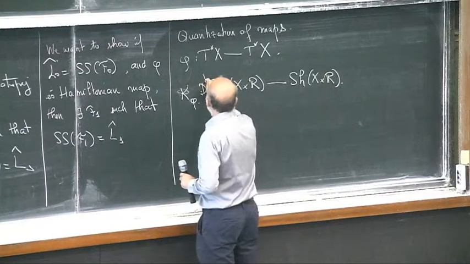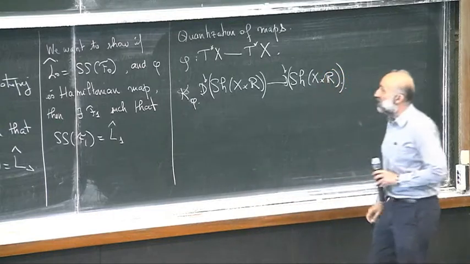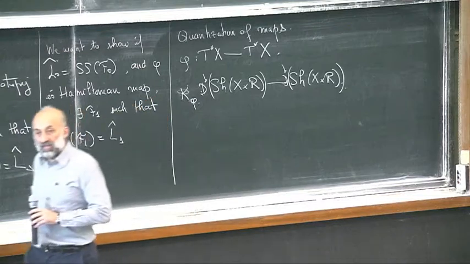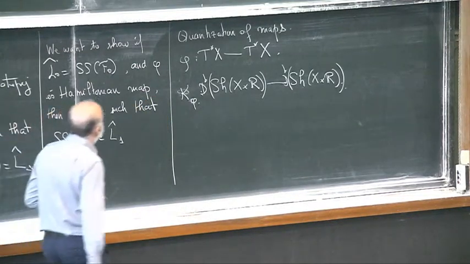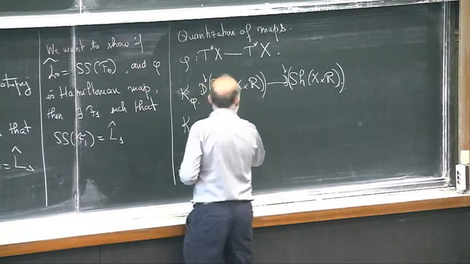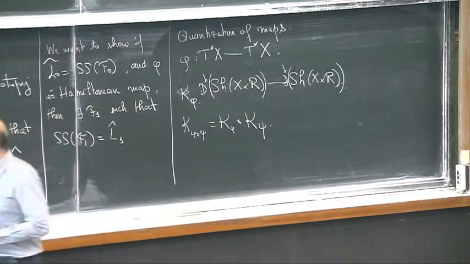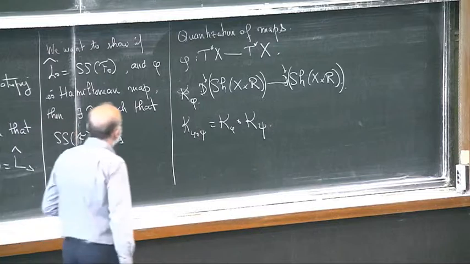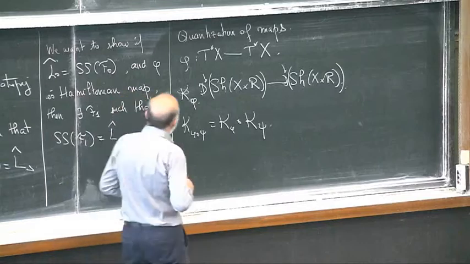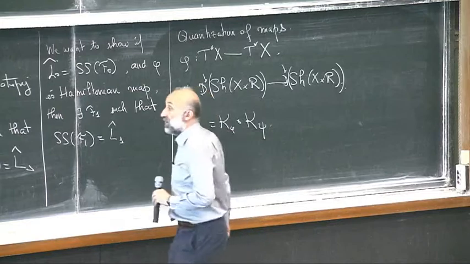And actually, it's not the sheaf, but it's the derived category here, and it's the derived category here. Yes, it's a functor in the sense that K of phi composed with psi is K phi composed with K psi. So there's a first, well, let me go to the next blackboard.